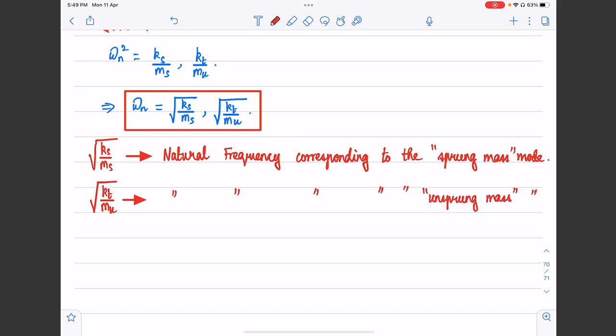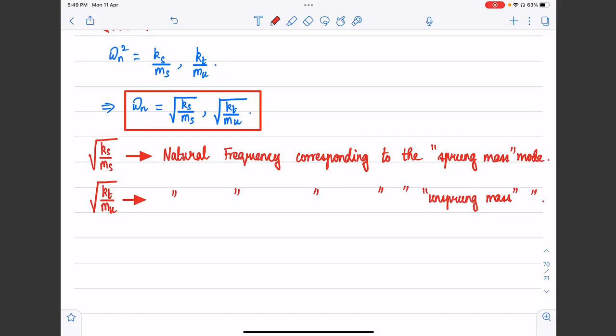So this is what is called the unsprung mass mode. All right. So we see a nice decoupling in the two degrees of freedom, when the tire stiffness is more than the suspension stiffness.